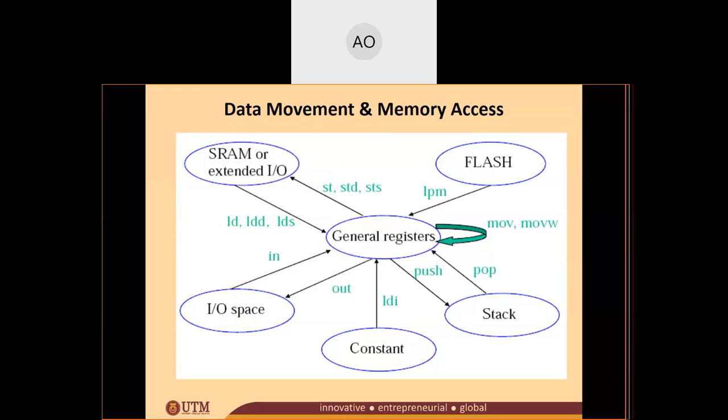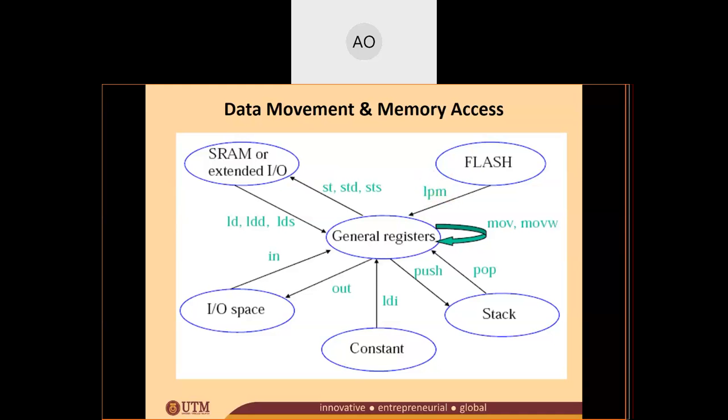And if the data is a constant value, you can use the LDI instruction. If the data is from your program memory or flash memory, to read the data you can use the LPM instruction. LPM stands for load from program memory.